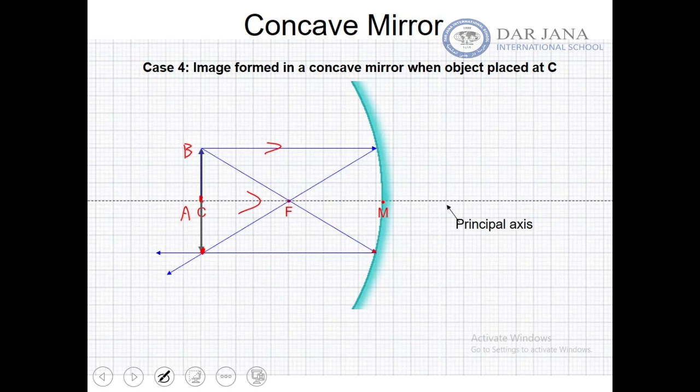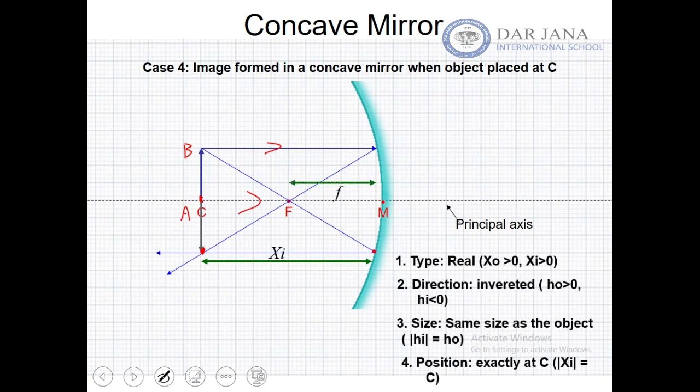So far so good. Till now, since the image is in front of the mirror, it's real. The nature of the image is real. Number two, its direction is inverted. Since it's real, it will be inverted. Again, it's impossible to be real and upright. Real and inverted.